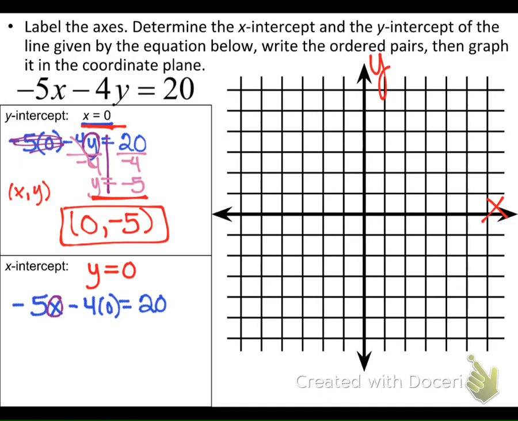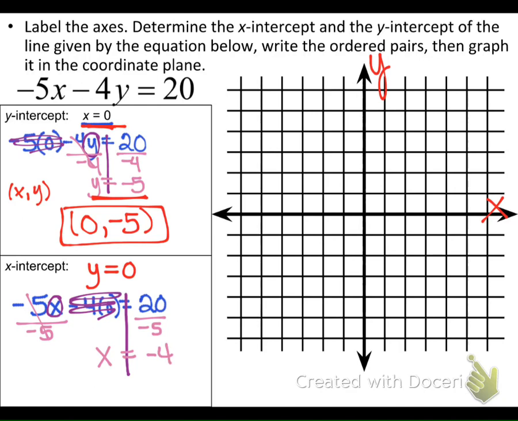Circle my variable, draw my line of equality. Then I'm going to go ahead and get rid of that negative 4 times 0, and then I'm going to solve for x. So to get x by itself, I'm going to divide each side by negative 5. X equals, so 20 divided by negative 5 is going to equal negative 4.